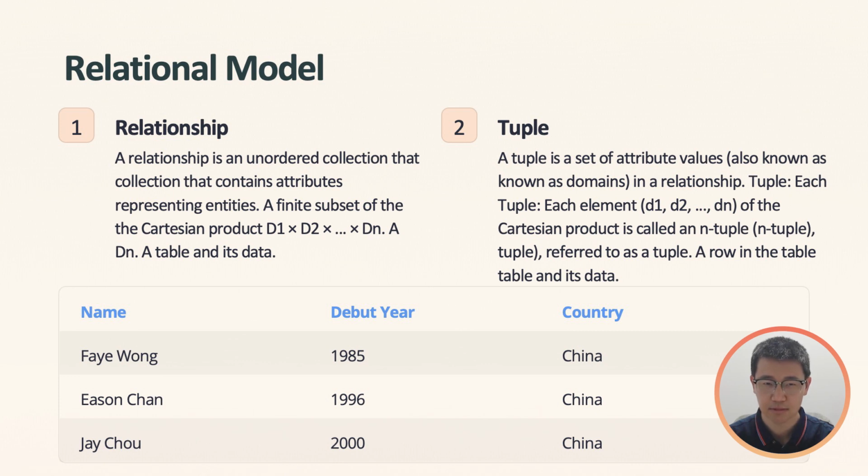For instance, in my country, it can actually be empty. In mathematical terms, it means that each element in the Cartesian product, referred to as an n-tuple, is essentially envisioned as a row in a table within a database, encompassing its data.